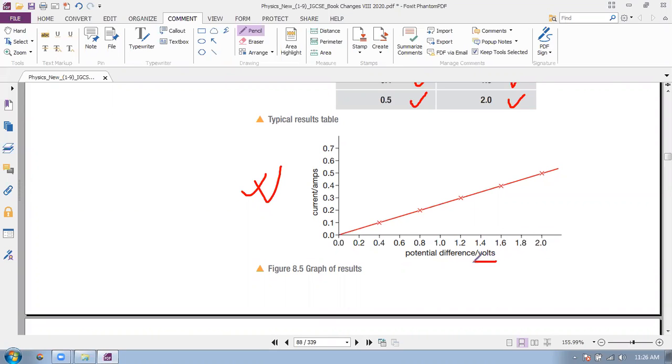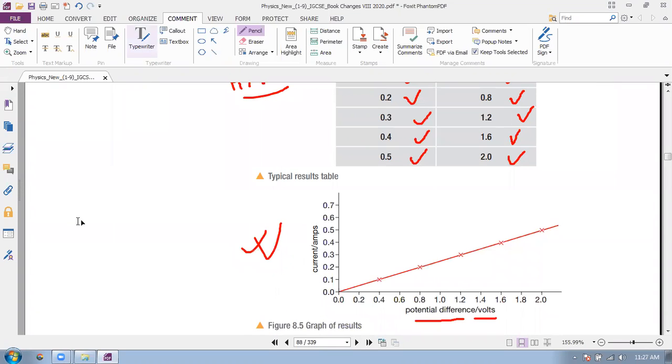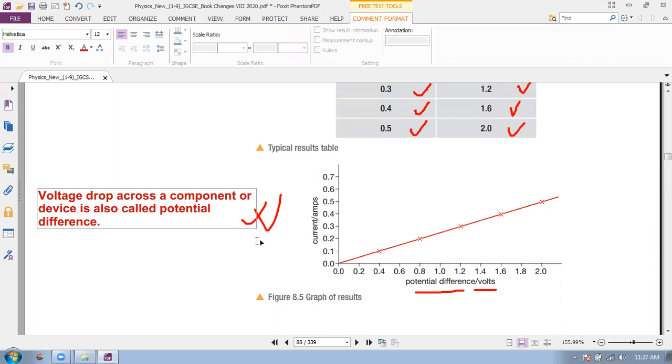Volts or voltage is also called potential difference. Voltage drop across a component. Here, voltage drop across the piece of wire. So please write: voltage drop across a component or device is also called potential difference.